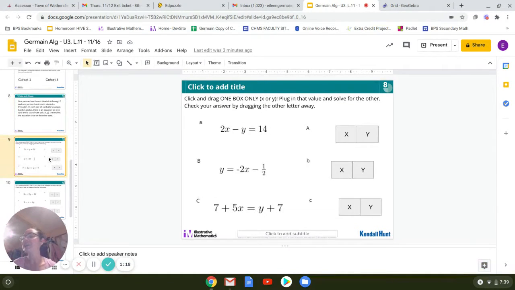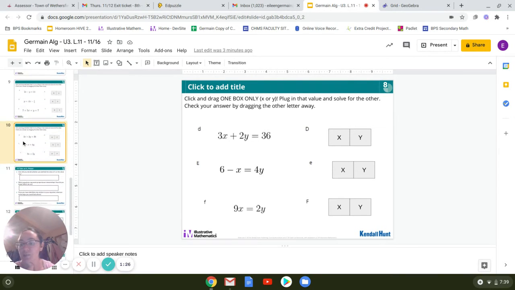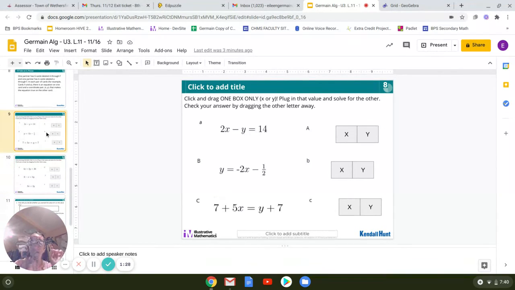If you look at slide number 9, you're going to have 3 equations here, and you're going to have 3 on slide number 10. With these equations, you need to pick one of these boxes, the X box or the Y box, and move it off.